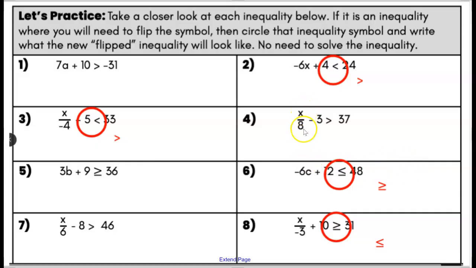Here, the x is divided by 8, and it's not negative, so we leave that one alone. Number 5, positive 3 times b, leave it alone. Here, -6 times c, we change that one. Number 7, x divided by positive 6, we leave it alone. Number 8, x divided by -3, we swap that one.